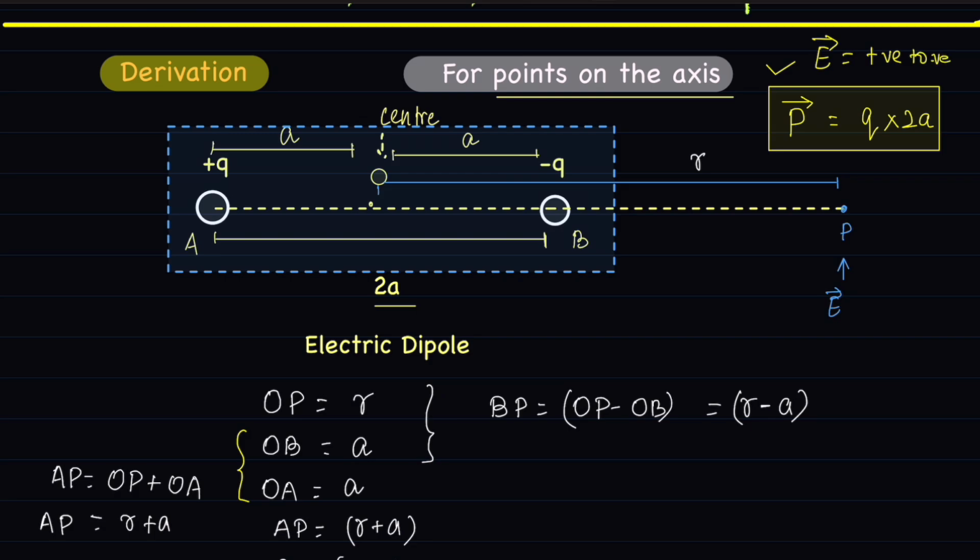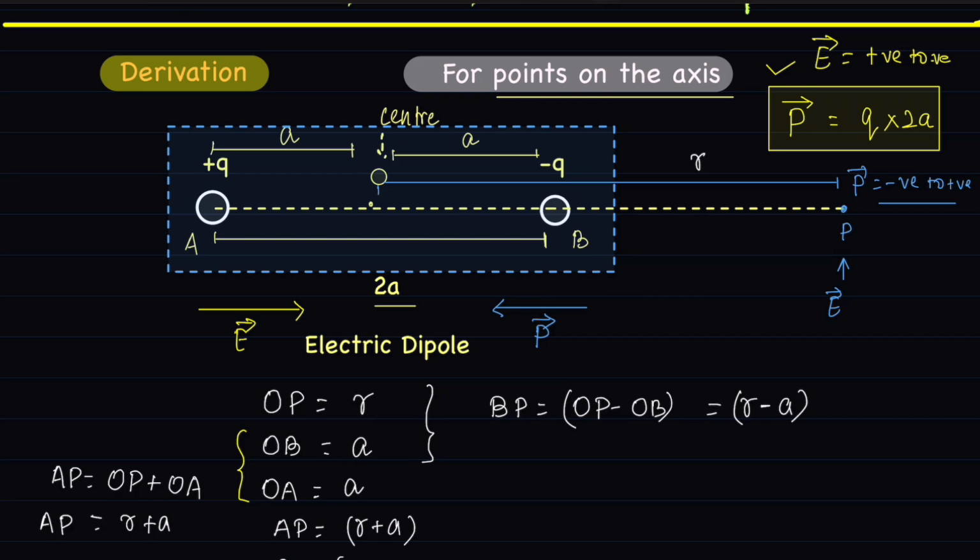It means the direction of the electric field here is from positive to negative. But the direction of the electric dipole is from negative to positive. So here we can mention that the direction of P is negative to positive. Now let's start our derivation.